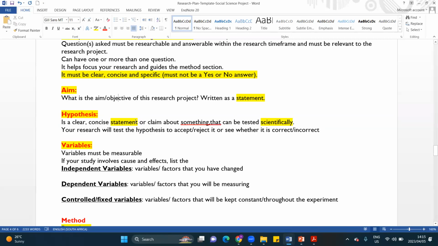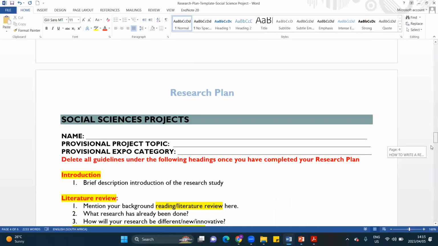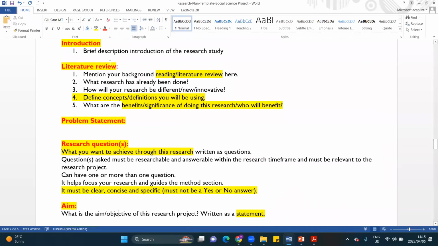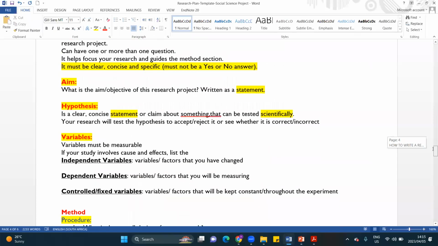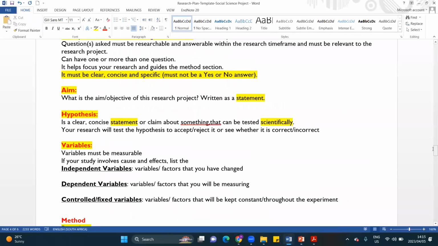It's your hypothetical guess, an educated guess that you are taking, based on your literature review. So you're making an educated guess based on what you have read about.